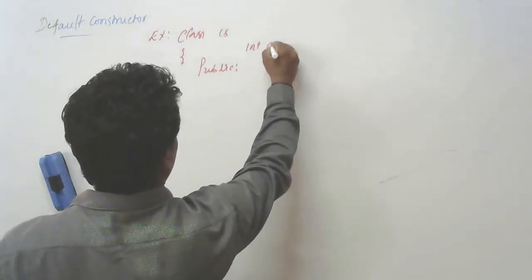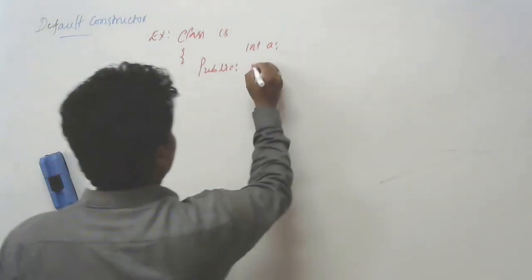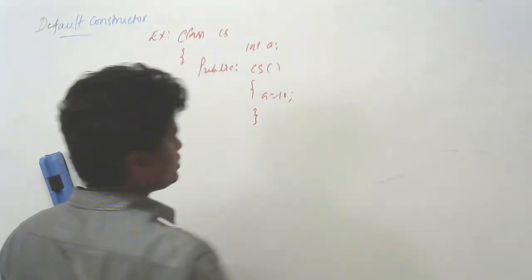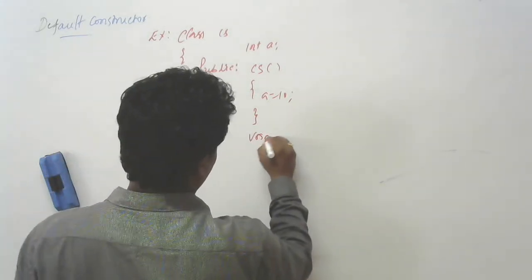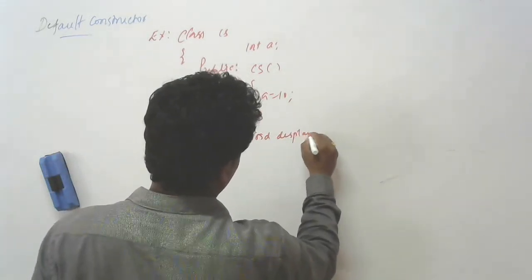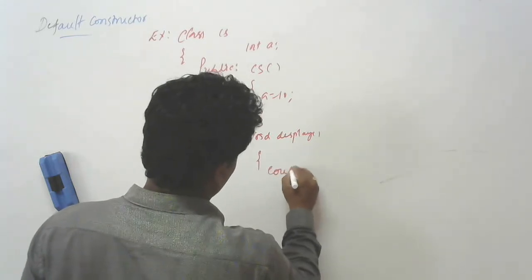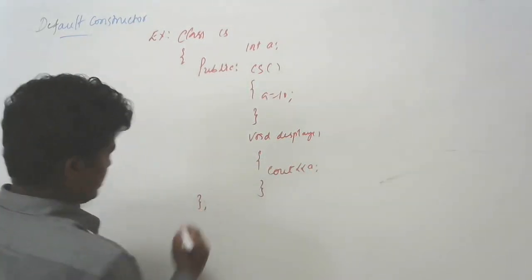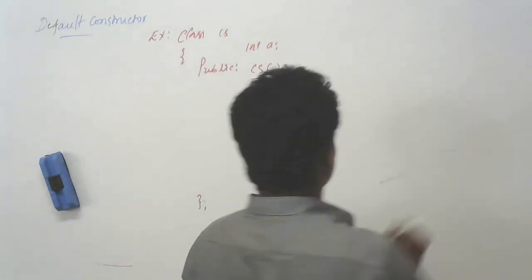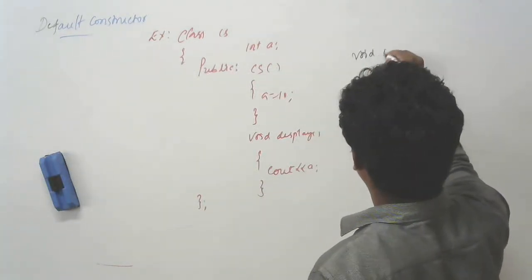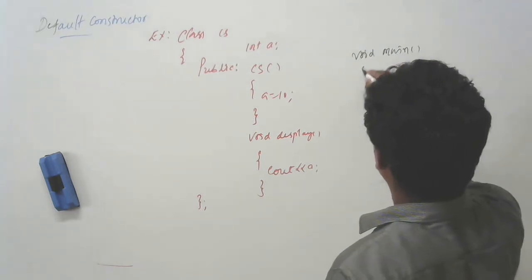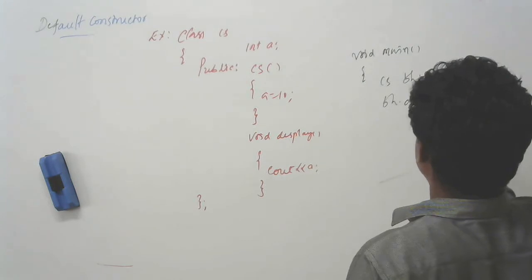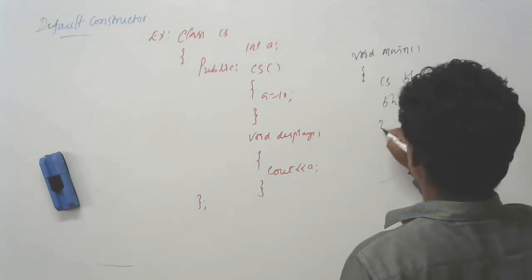Before that I will declare a variable called A. CS, A equals 10, close this. Void display, cout A, close this, close the class. Same main block I will write: void main, open the curly bracket, CS BH, so BH dot display.